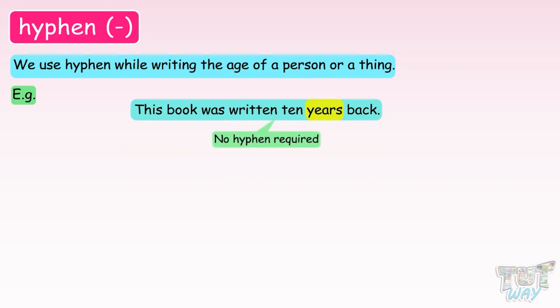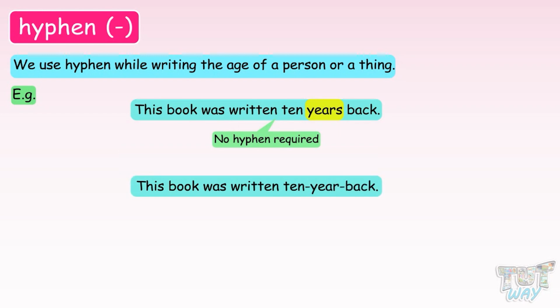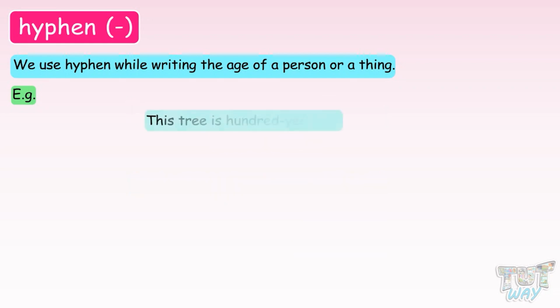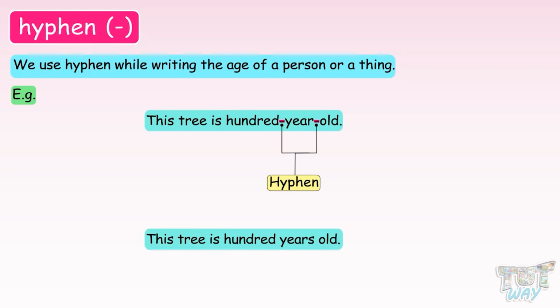No hyphen required. Another example. This tree is 100-year-old. So, we have used hyphens. We can also write, "This tree is 100 years old," with no hyphen.